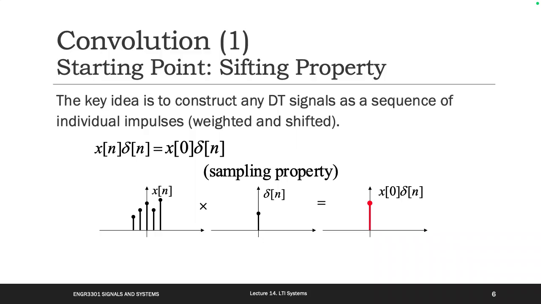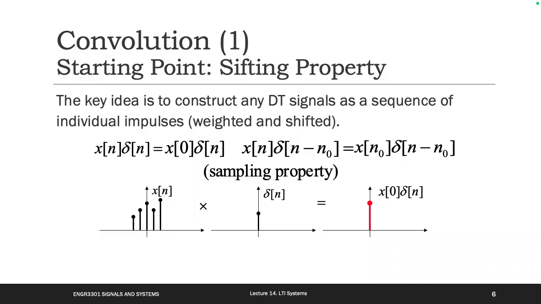And we also talked about the shifted version, this one. What's the result for this one? Do you remember? For this one, only when n equals n0, it should be 1.